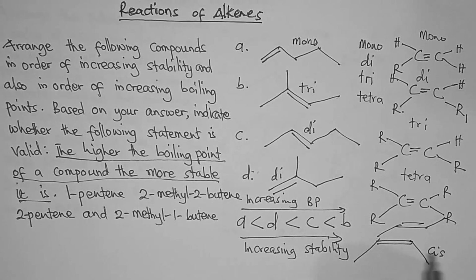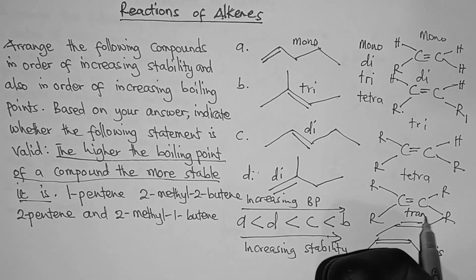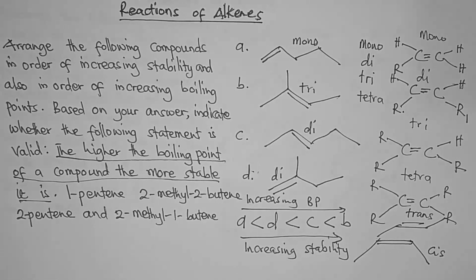Trans-2-butene is more stable than cis-2-butene. However, in trans-2-butene, the alkyl substituents around the carbon-carbon double bond tend to push electrons into the double bond in opposite directions, and therefore the dipole moments cancel out.